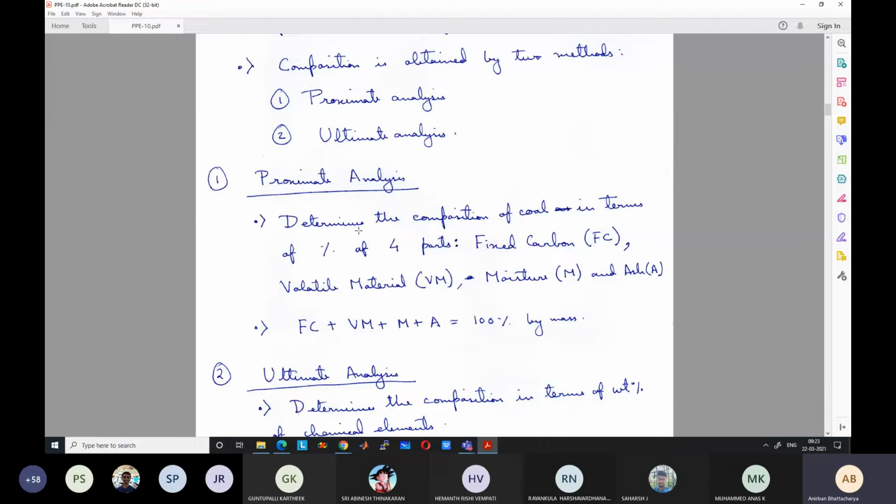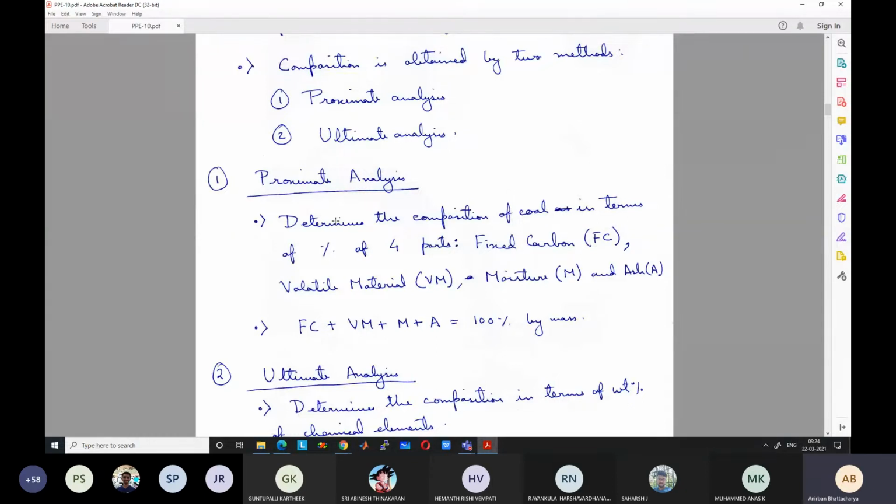So what is proximate analysis? This is a simpler type of analysis where you take a sample of coal and you heat it at different conditions. First you heat it at a moderate temperature, and the moisture which remains in the coal goes out. In any type of coal there is some water present.